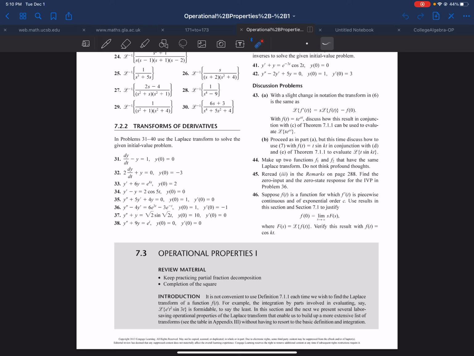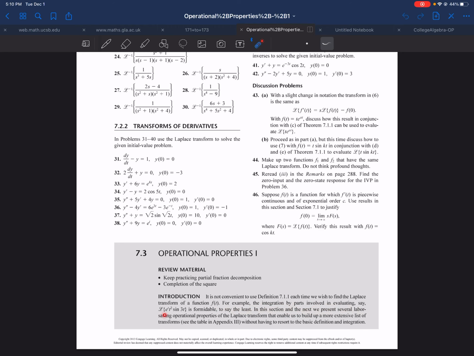And it says it's not convenient to use definition 7.1.1, which is just the definition of the Laplace transform, where you integrate from 0 to infinity of e to the negative st, you know the formula. So every time we wish to find the Laplace transform of a function, integration by parts is involved.